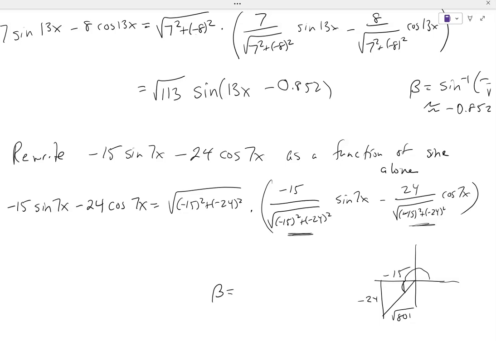So your beta in this case would be pi plus inverse sine of 24 over square root of 801, or inverse cosine of 15 over square root of 801. Either one will work. They'll give you the exact same number when you type them into your calculator.